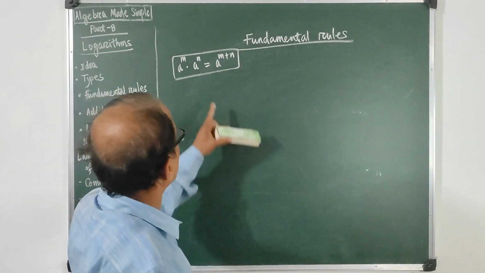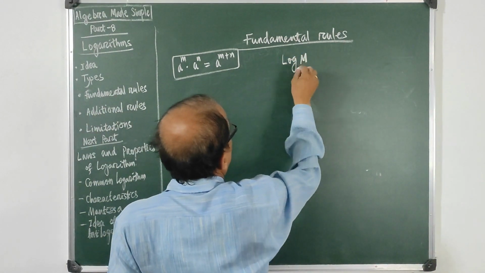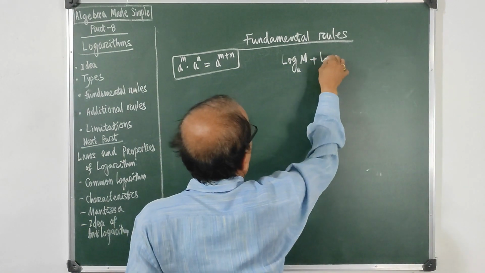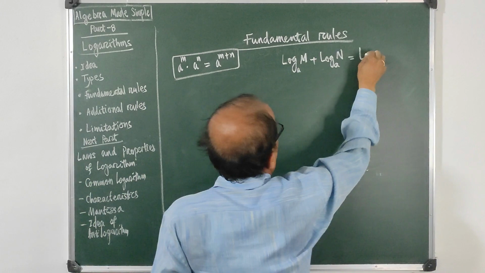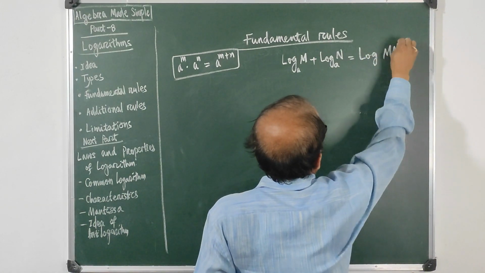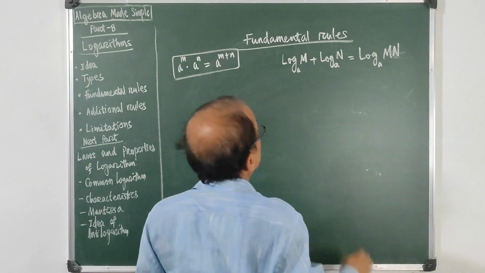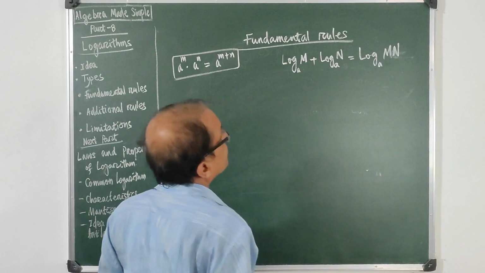And what is the logarithmic rule? Log m to the base a plus log n to the base a is log mn to the base a, means sum of two logarithms is logarithm of the product.